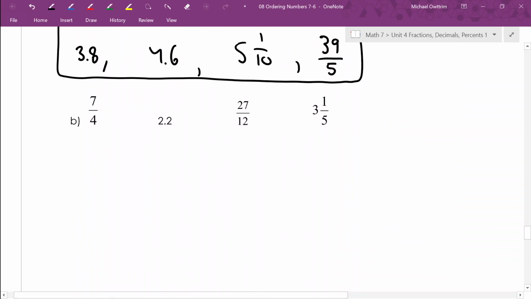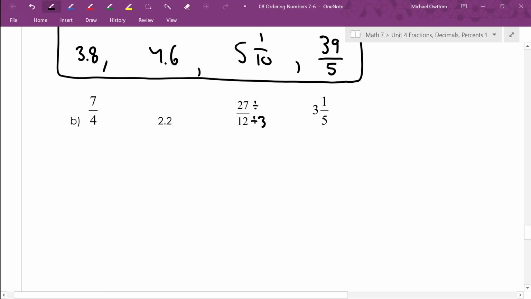In our next question, we've got 7 fourths, we've got 2.2, we've got 27 twelfths, and we've got 3 1/5. So there's no really obvious way of going about this question. I have one number that's a decimal already, and everything else it looks like is going to be easy to at least get to 100. 4 can't be made into 10, but it can be made into 100. 12 can't be made to 10 or 100, but we can simplify this fraction.